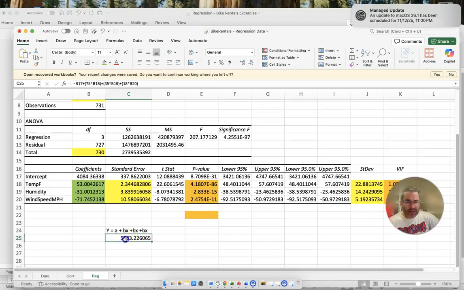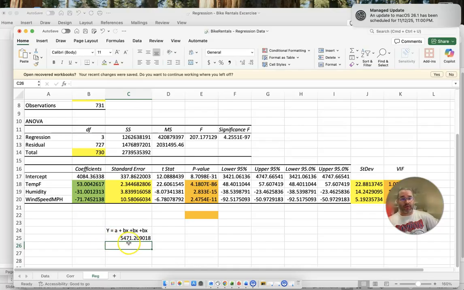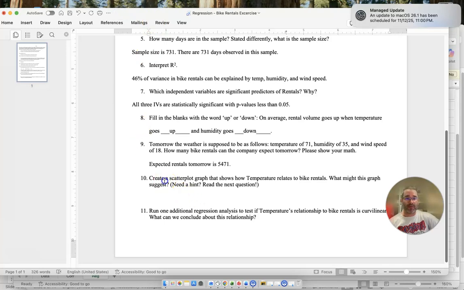56, did that change? Oh yeah, because this wasn't the right number. 71, okay. All right, let's see what we got left here. Number 10, create a scatter plot graph that shows how temperature relates to bike sales. What might this graph suggest?